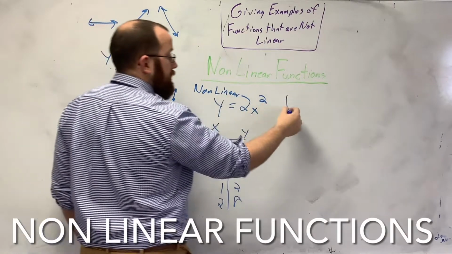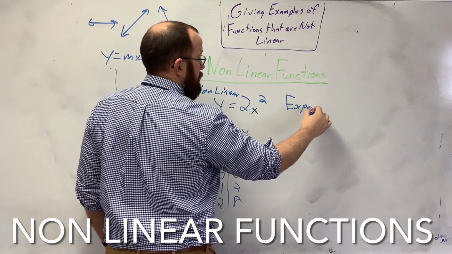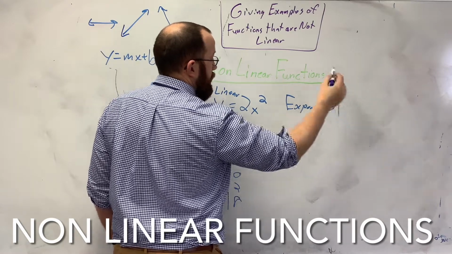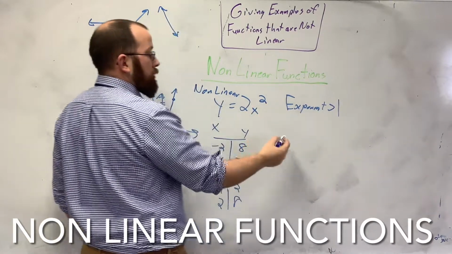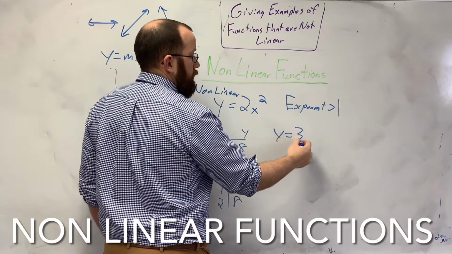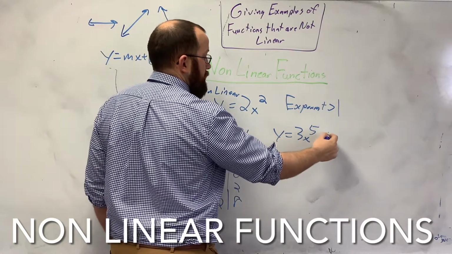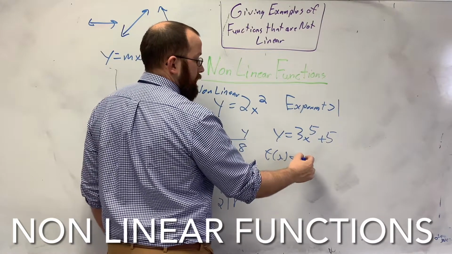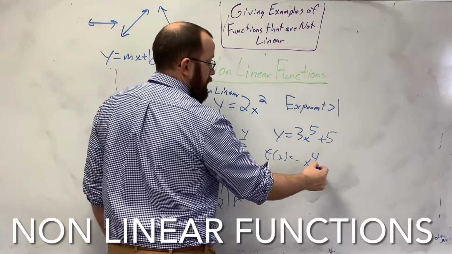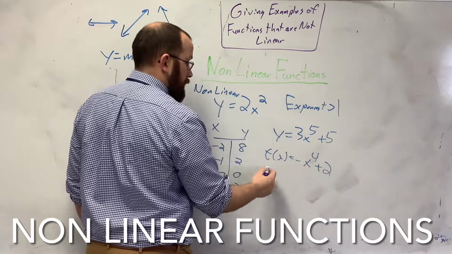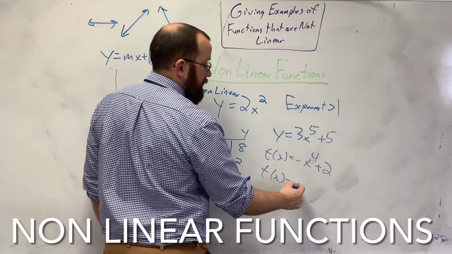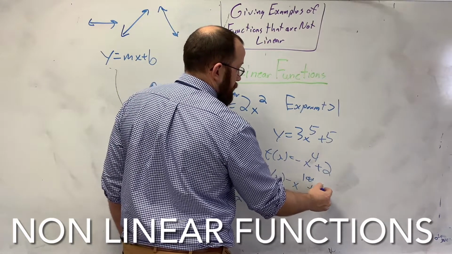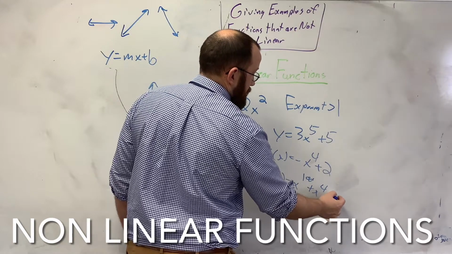Anything with an exponent greater than 1, so 2x squared, or 3x to the 5th plus 5, or f of x equals negative x to the 4th plus 2, or f of x equals negative x to the 100th plus x to the 4th plus 6.